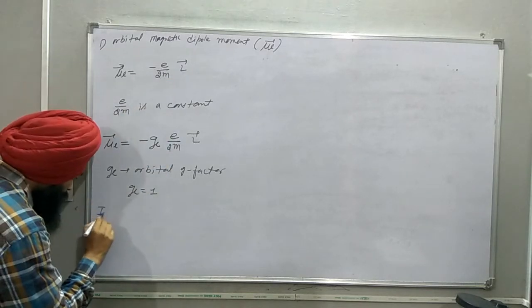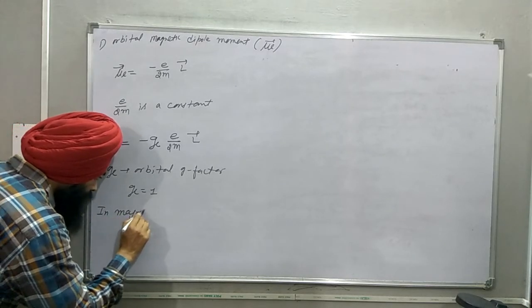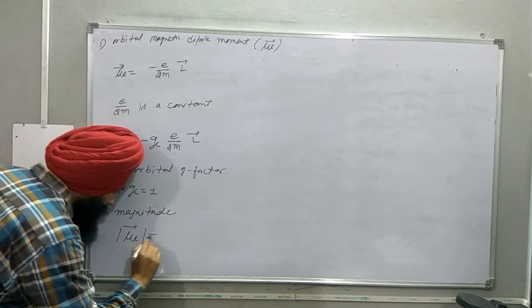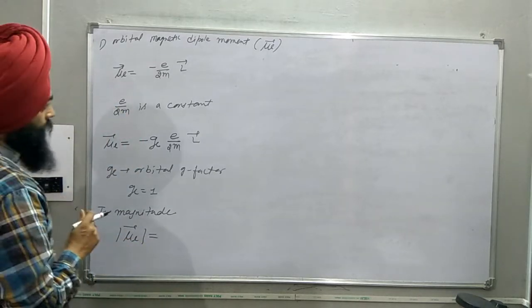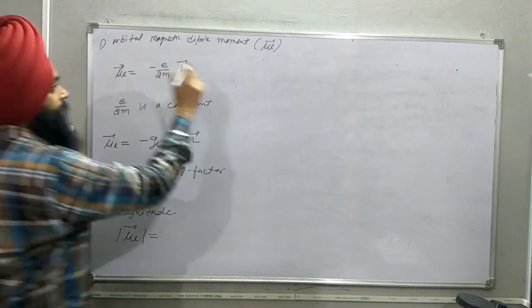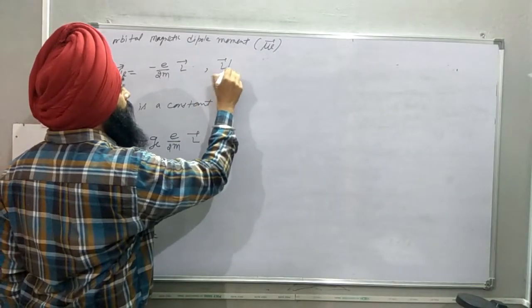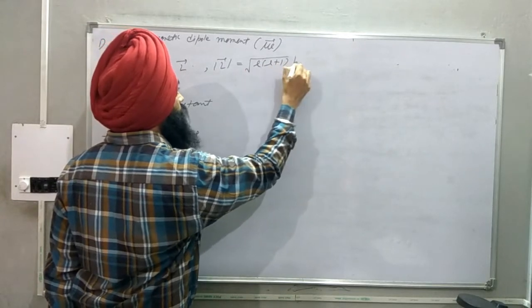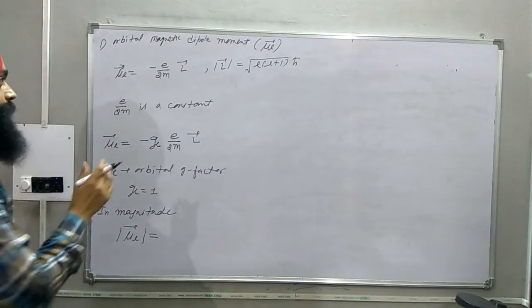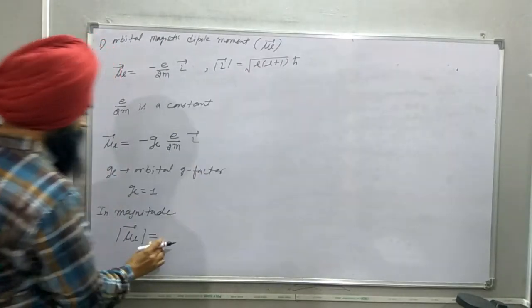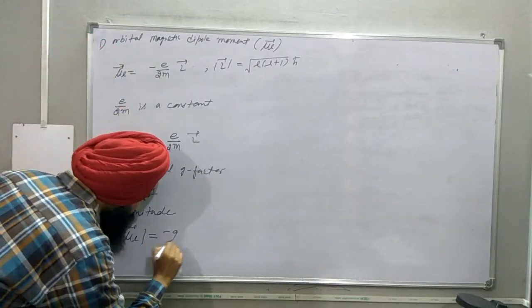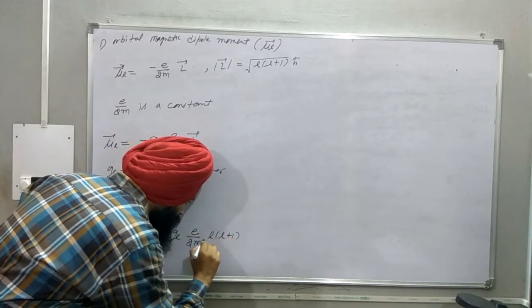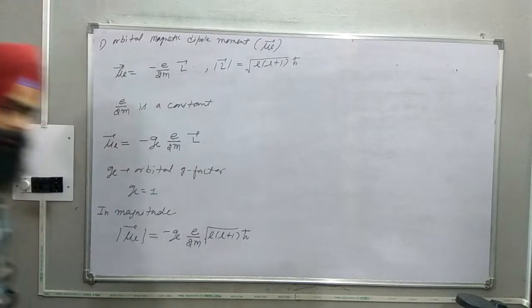In magnitude, the value of mu L can be written as follows. We already know that the magnitude of L is square root of L into L plus 1 into h cut. If I put this value here in magnitude form, we have minus gL e upon 2m square root of L into L plus 1 into h cut.